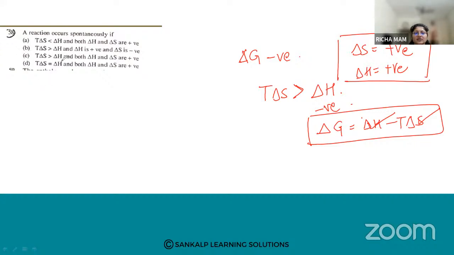Option number C. T delta S, the temperature times the change in entropy, is greater than delta H, the change in enthalpy, and both delta S and delta H should be positive. So if a reaction is occurring spontaneously, this is the equation and these are the conditions which have to be followed.